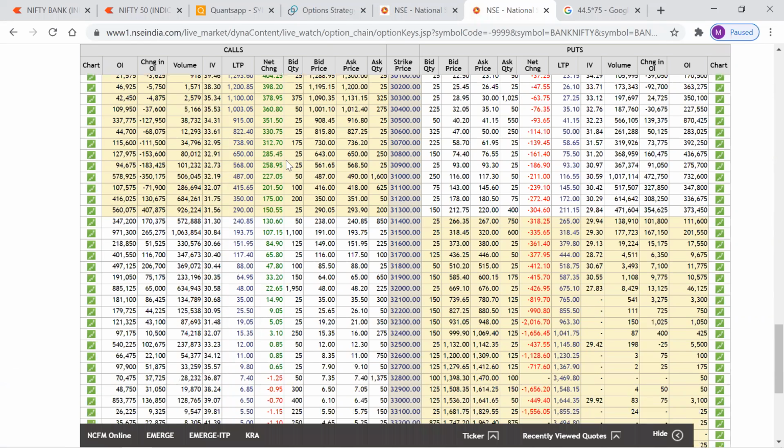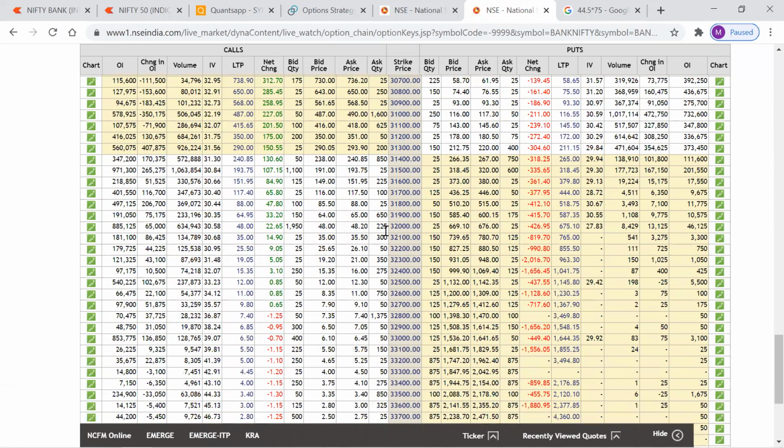And what is out of the money strike for call? Out of the money strike is nothing but white area. Out of the money strikes are nothing but strikes which are greater than the last traded price or greater than the at the money strikes. Now see, 31,500, 31,600 or 32,000, 32,100, all these are out of the money strikes for calls.